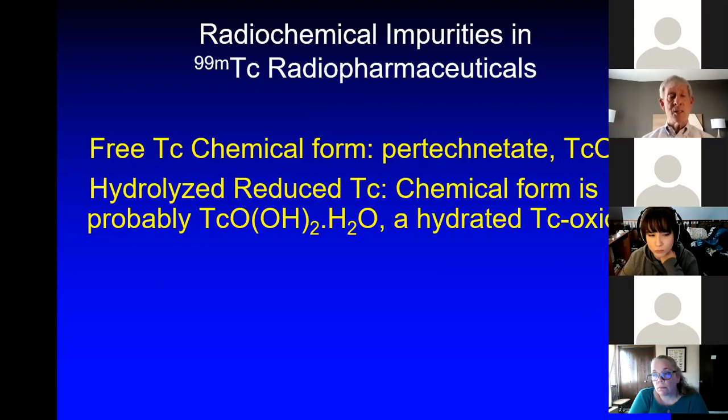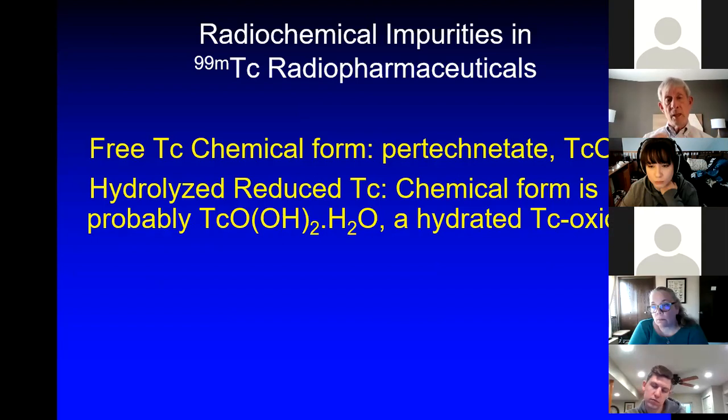Let's say you made technetium MDP and it dissociated and formed some pertechnetate, TcO4 minus. That we call Freetec. It is dissociated from the molecule. We don't want it. Where does Freetec or pertechnetate go?